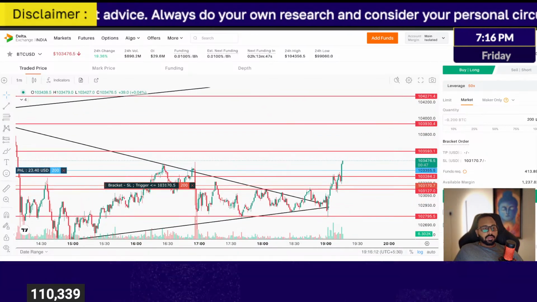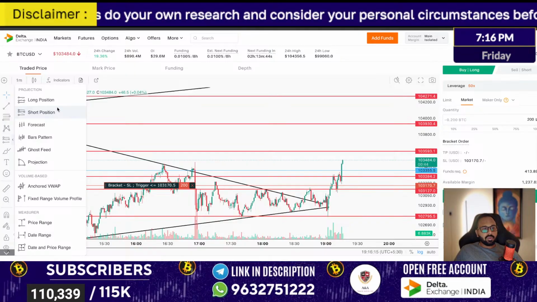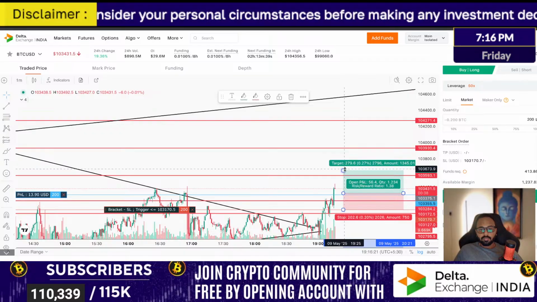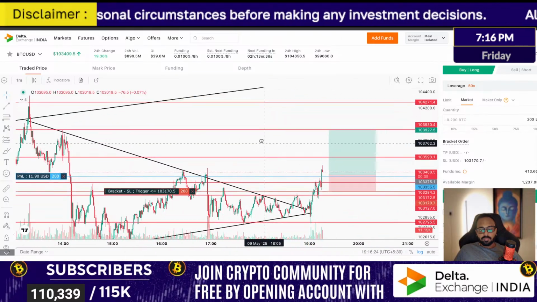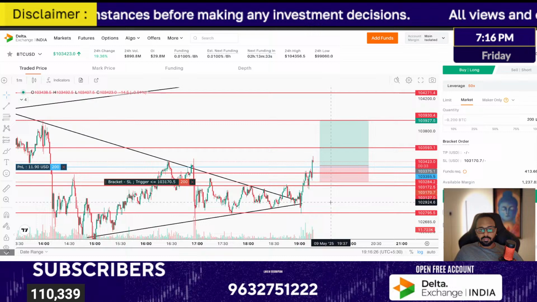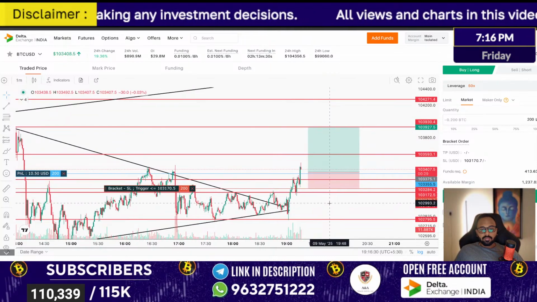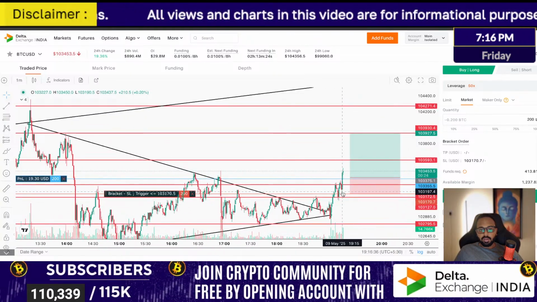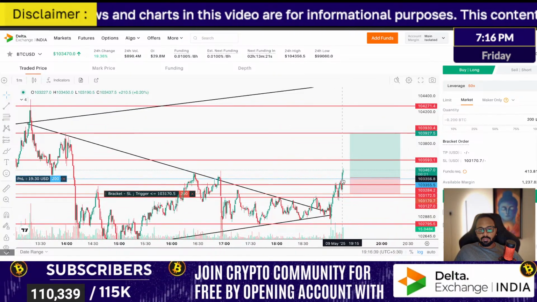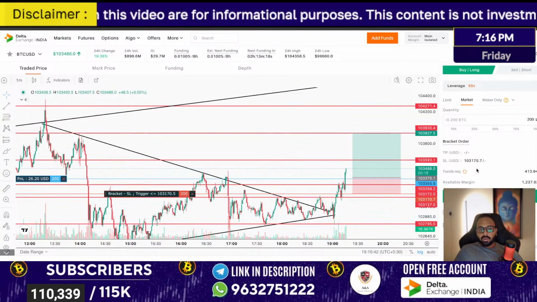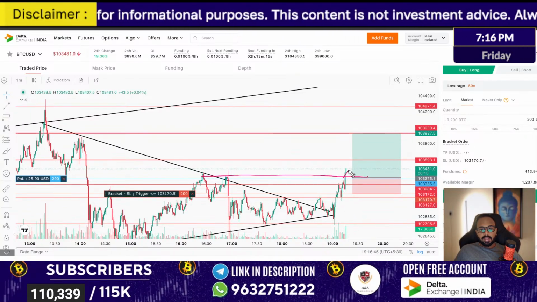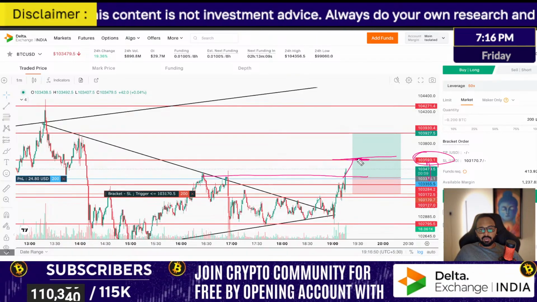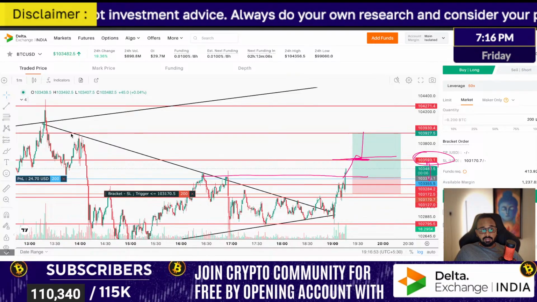So target 1, the market is about to reach. Traders, I hope you can see here my stop loss is below this green candle. We waited for this, when the market went above, that is the target. Now that these people have given up, next the market can move up to 1 lakh 3,590 to 600, and then the ultimate target will be this zone.